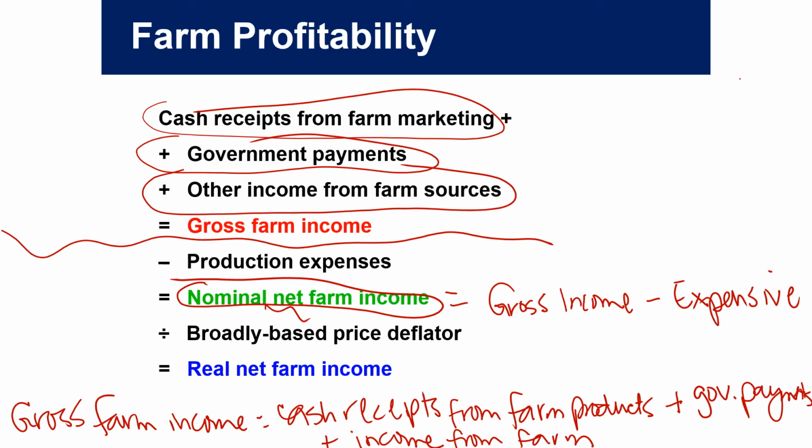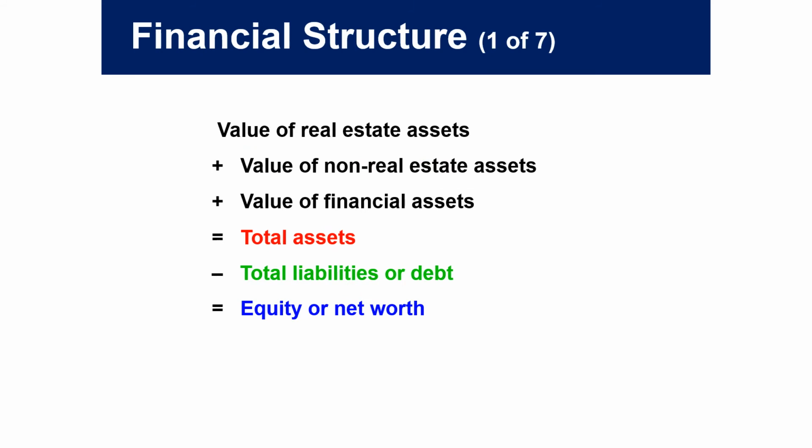And then the real net farm income, which is not a question on your note sheets, you're just going to divide that nominal by some sort of deflator value, like we were using the consumer price index before, but that's not always what is used. You divide it to get your real net farm income that can then be compared across years.